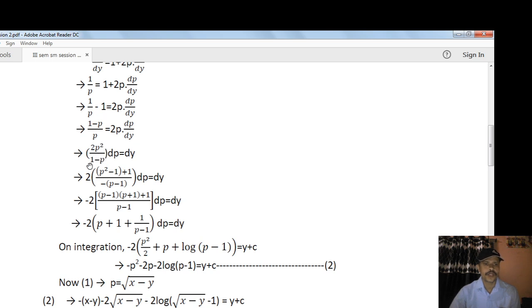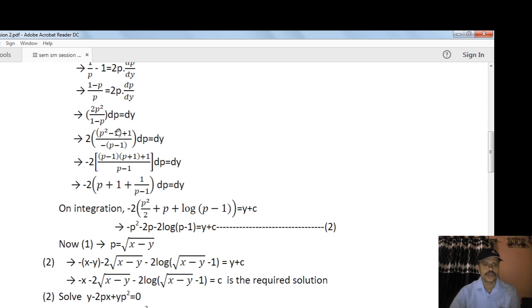At this stage, we can't integrate. We have to make this term where the integration is possible. How can we make? We have the denominator term 1 minus p, so we make the numerator in terms of it. We can achieve it like this. In the numerator p square, subtract and add 1: p square minus 1 plus 1, divided by, taking negative common in the denominator, negative of p minus 1, into dp is equal to dy.